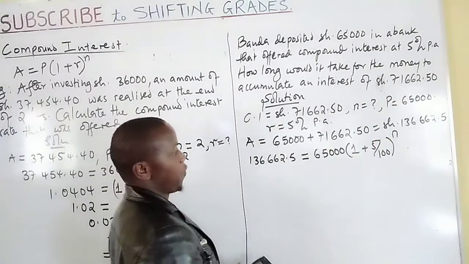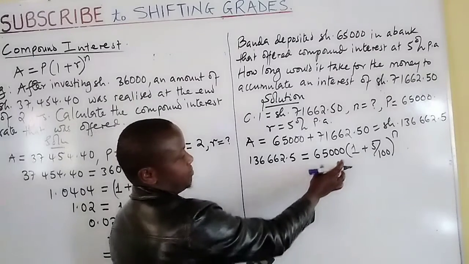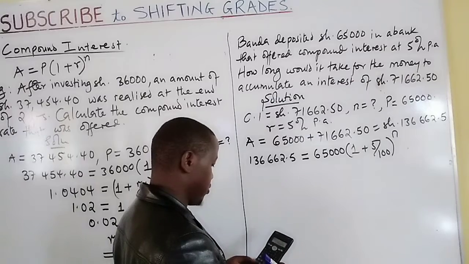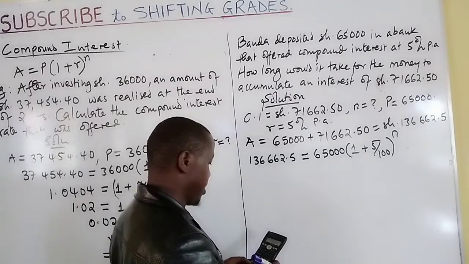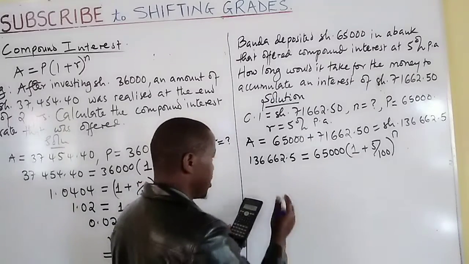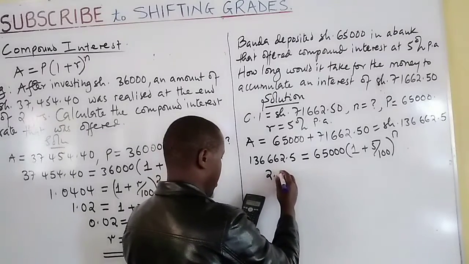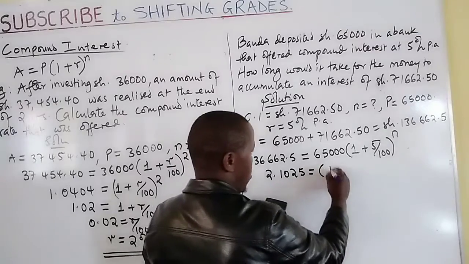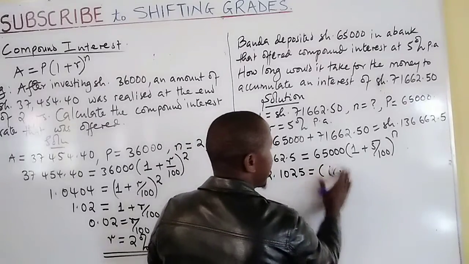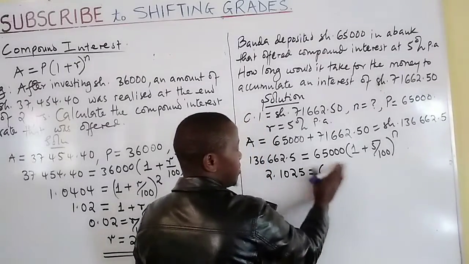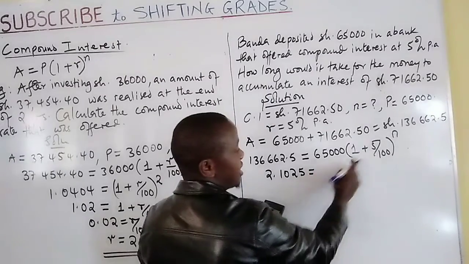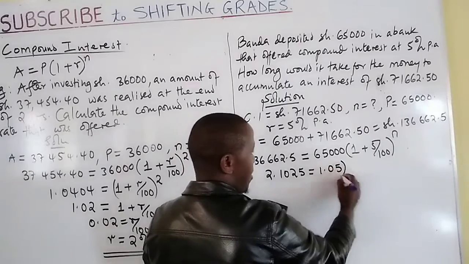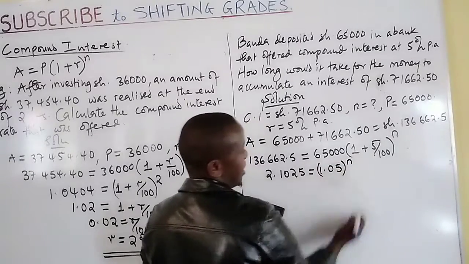Therefore, we can first of all divide by 65,000, so that we remain with the term with the n. So this remains 2.1025 is equal to 1.05 raised to a given power n.